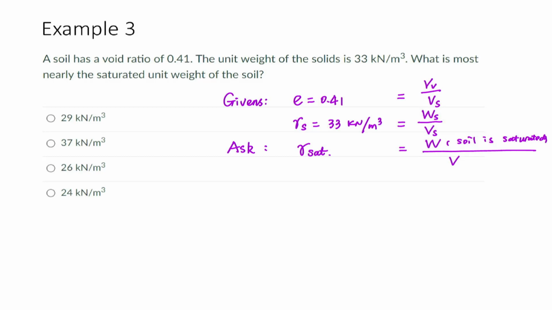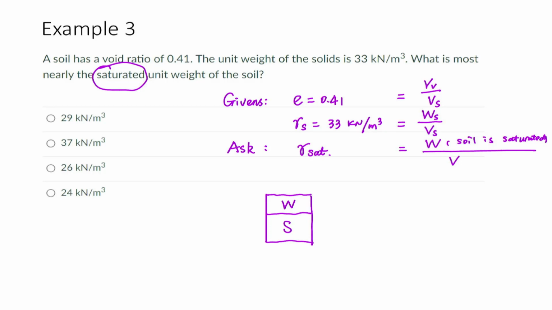Let's plot the 3 phase diagram again. For this problem, the soil is saturated, so we actually only have 2 phases, just the water and the solid.